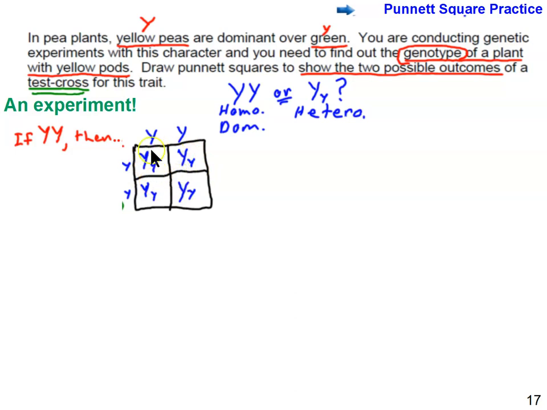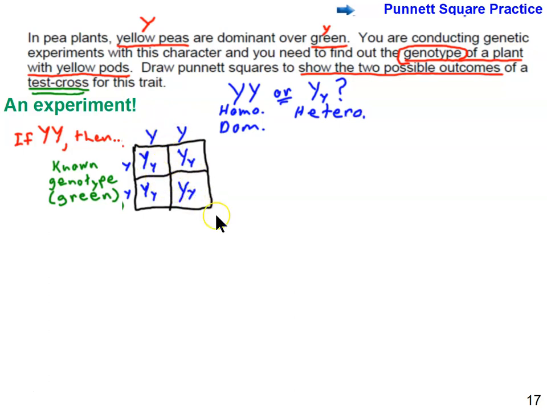Okay, so this is the possible outcome. Here again is the homozygous recessive, the green plant that we're going to mate the yellow plant with, because we know the genotype of the green plant, it's homozygous recessive. So that's the whole idea. You mate the unknown plant with a known plant, and then you should be able to predict the possible offspring if that unknown plant is homozygous dominant.